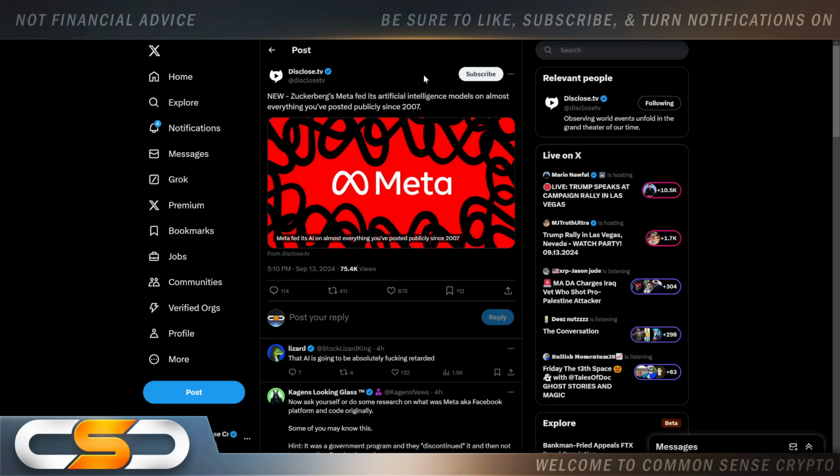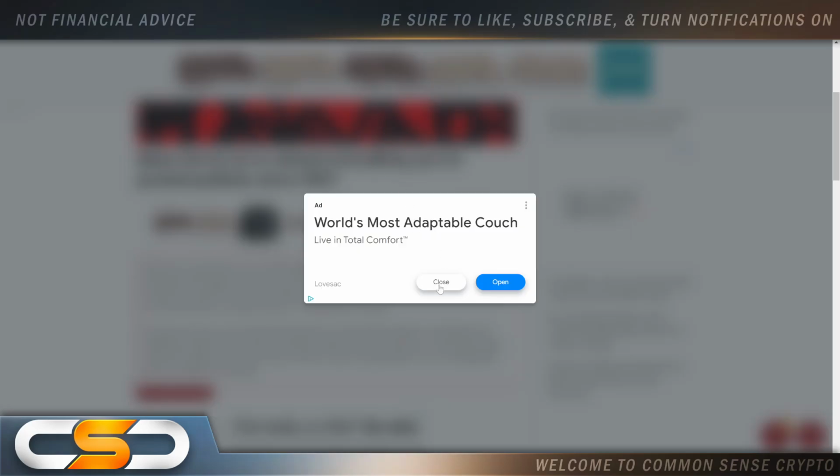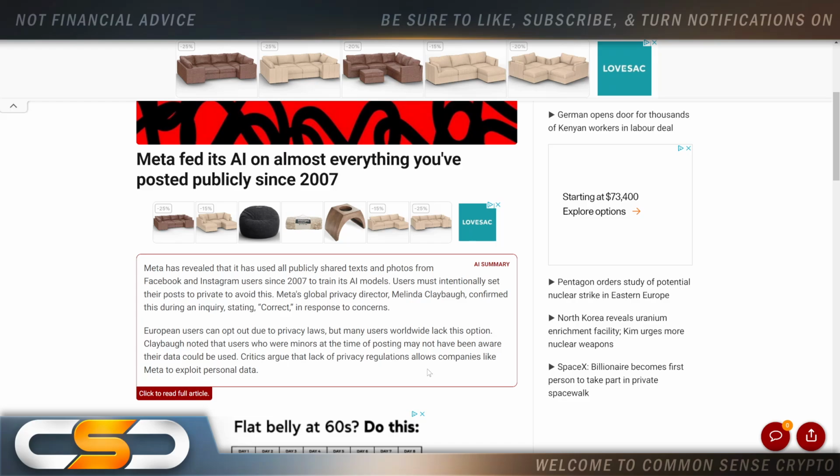Zuckerberg's Meta fed its artificial intelligence models on almost everything you posted publicly since 2007. You can't even make this up. So Meta revealed that it has used all publicly shared text and photos from Facebook and Instagram users since 2007 to train its AI models.